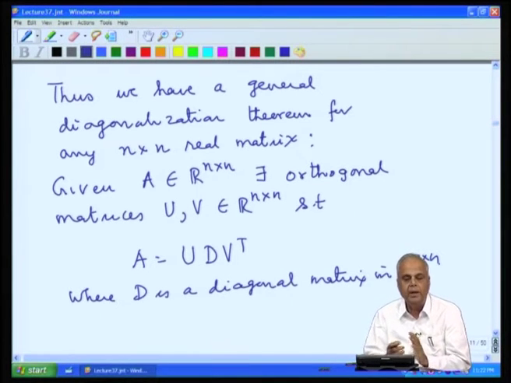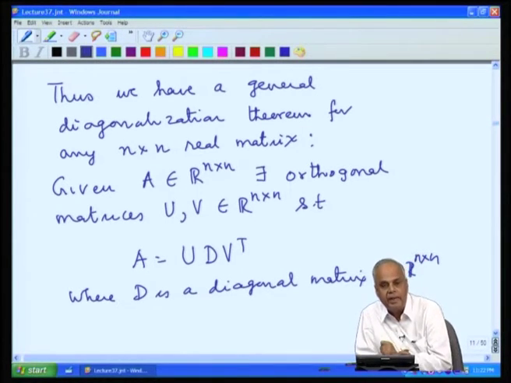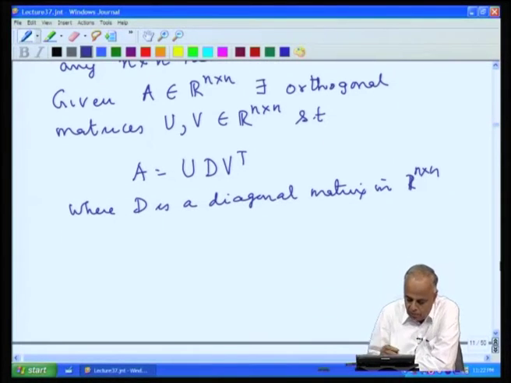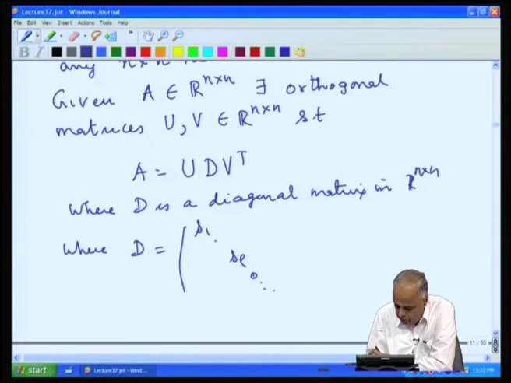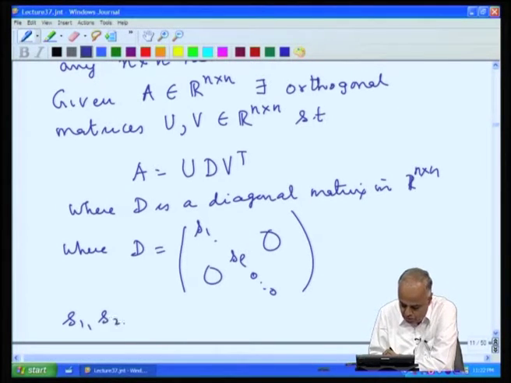The diagonal entries are now not connected with the eigenvalues, but they are connected with the singular values. So, D equals the diagonal matrix S 1, S 2, up to S rho, with 0s elsewhere, where S 1, S 2, up to S rho are the singular values of A.